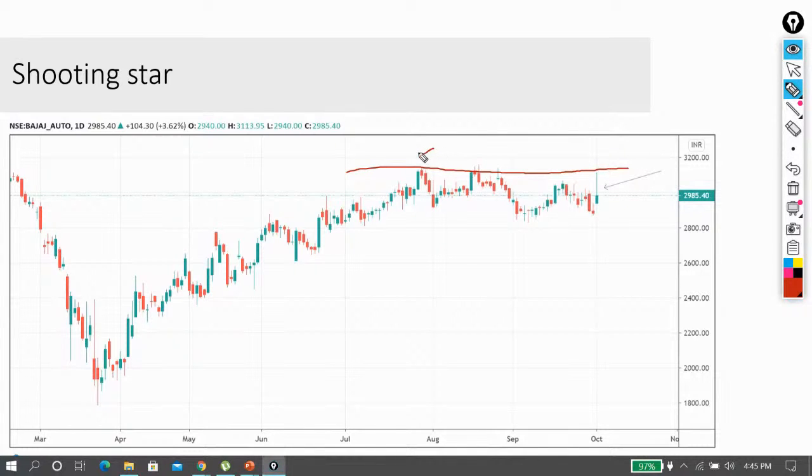If we see, this was one high that was formed, this was another high, and this was the third high. Now Bajaj opened here. It went up to make a high, but then sellers pressed this down and it closed somewhere here, right? So we have a big shadow here, which means that sellers are still dominant.